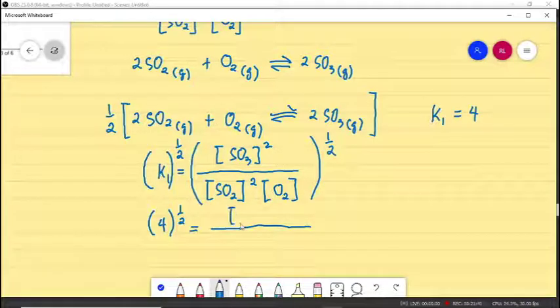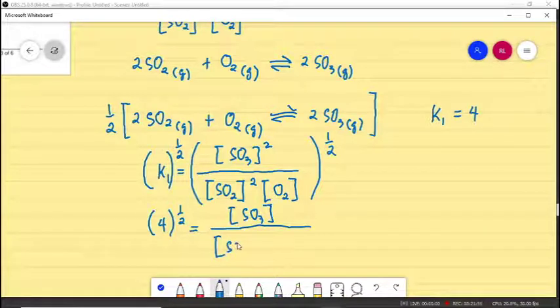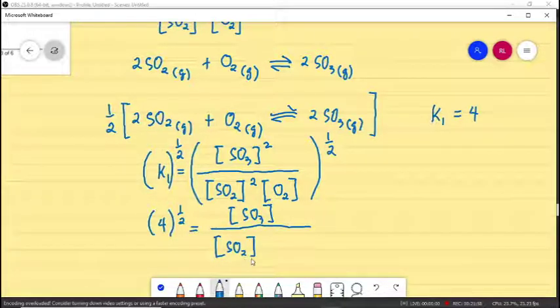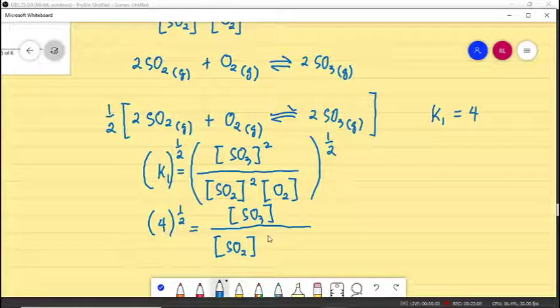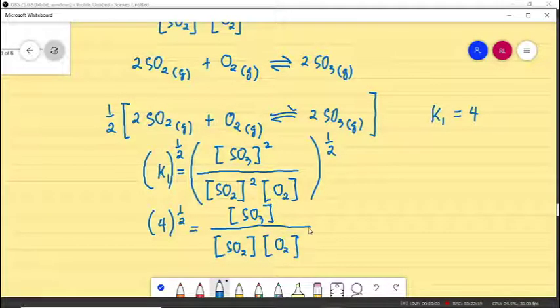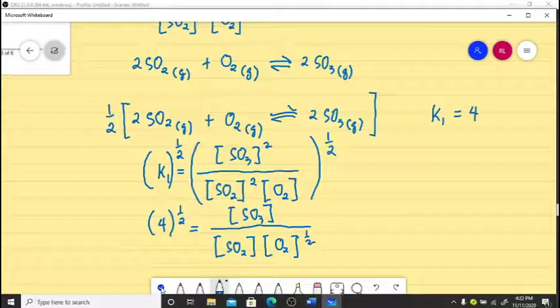So this is concentration of sulfur trioxide raised to the power of 1 divided by the same, 1/2 times 2 is 1. So raised to the power of 1, okay, and then what about this one? This is, okay, raised to the power of 1/2. Okay, I need more space.